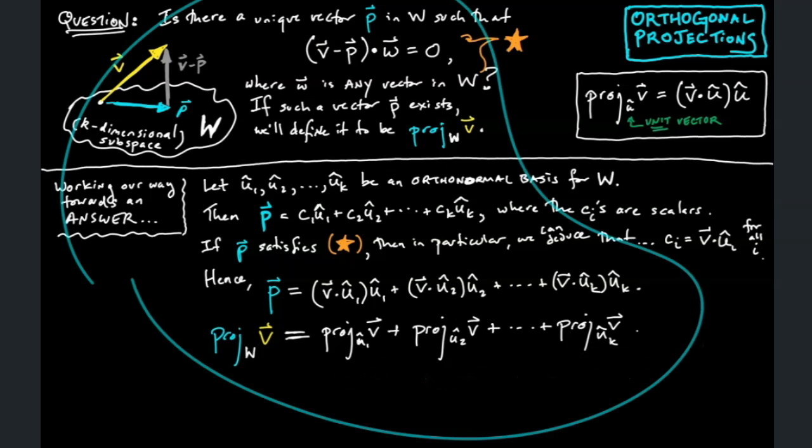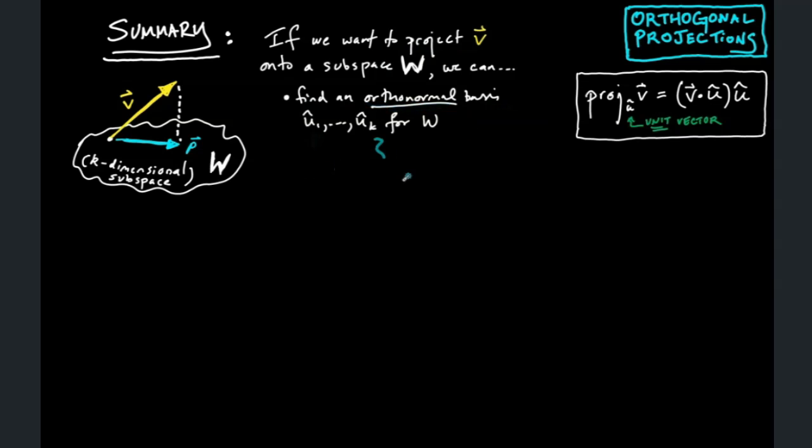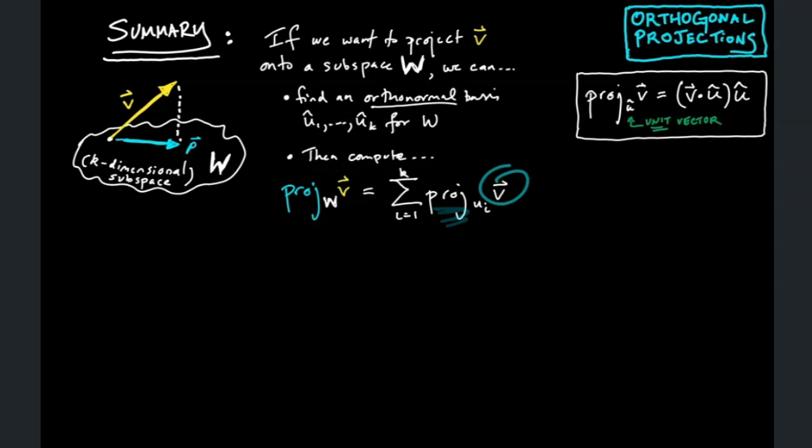So let's summarize all this. If we want to project a vector v onto a subspace W, we can find an orthonormal basis, u1 through uk, for that subspace, then compute that the projection of v onto the subspace W is the sum of the projections of v onto each individual orthonormal basis vector, u sub i, as i runs from 1 to k.